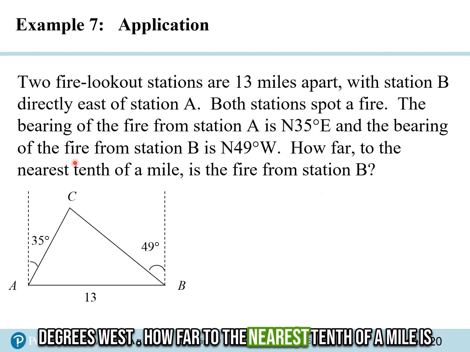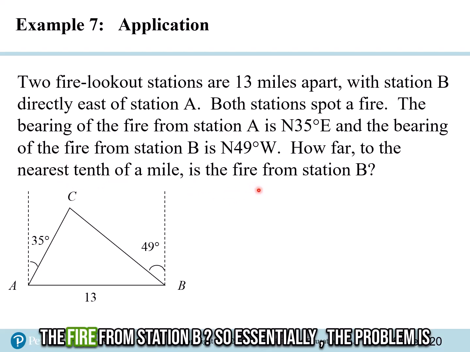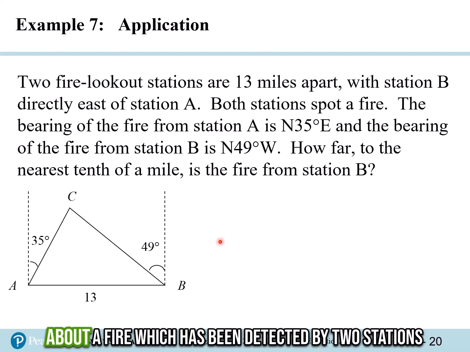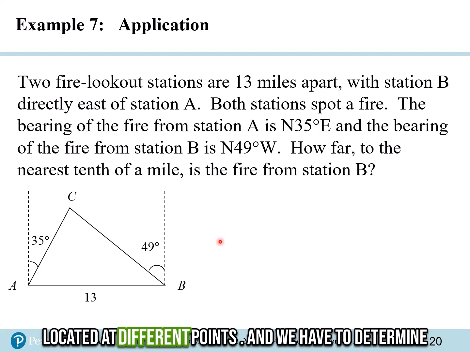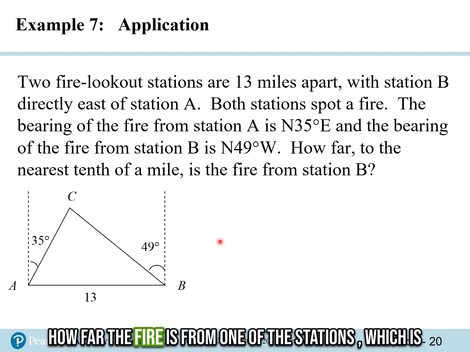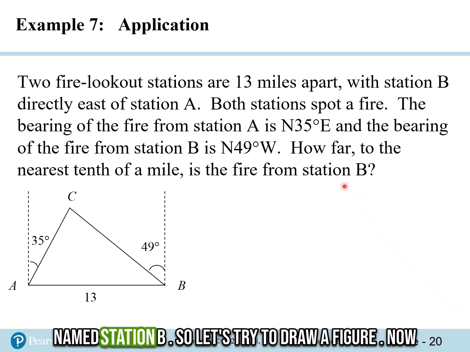How far to the nearest tenth of a mile is the fire from station B? So essentially, the problem is about a fire which has been detected by two stations located at different points, and we have to determine how far the fire is from one of the stations, which is named station B.